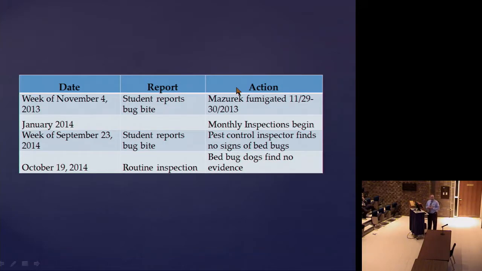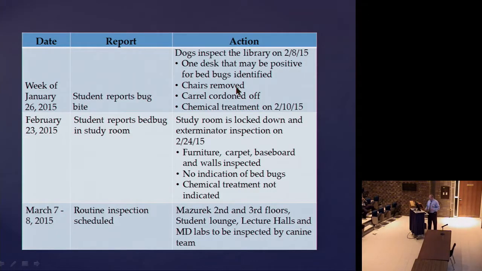They found no evidence whatsoever, and that was one of the reports I think that I had sent to the classes. On October 19th, again, somebody had mentioned that they thought we had bed bugs, so we did a routine inspection, and we had the bed bug dogs come in, and they really found no evidence per se of any issues again.